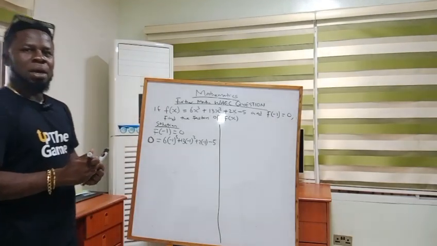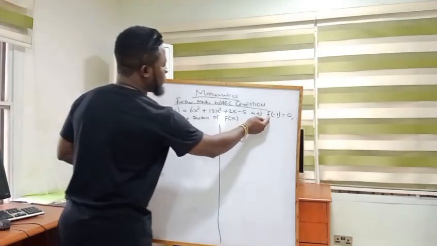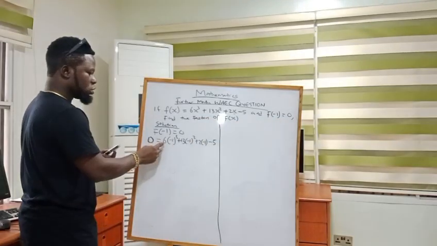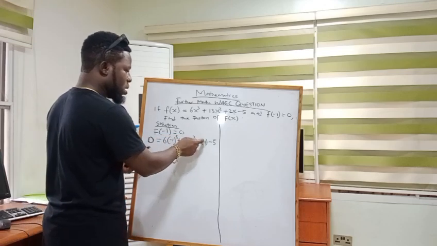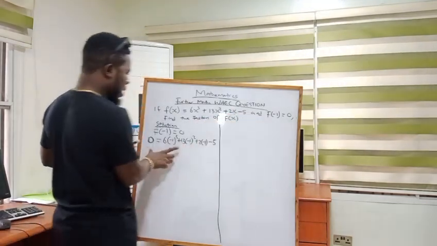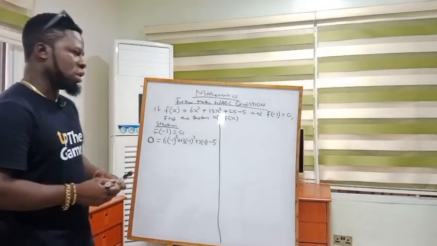I want to believe you are getting what we're saying. Since f of minus 1 is equal to 0, that's why I've gone straight into solving the question.